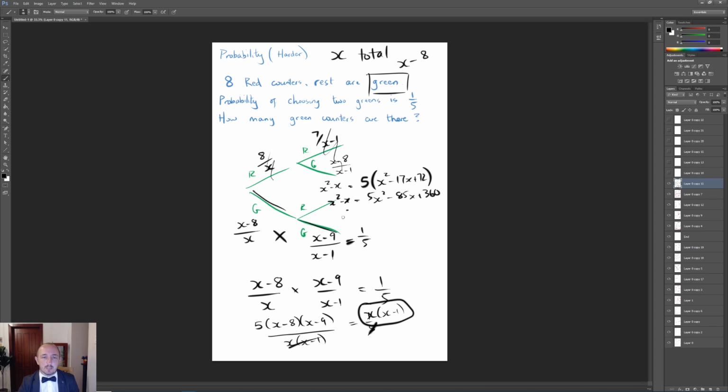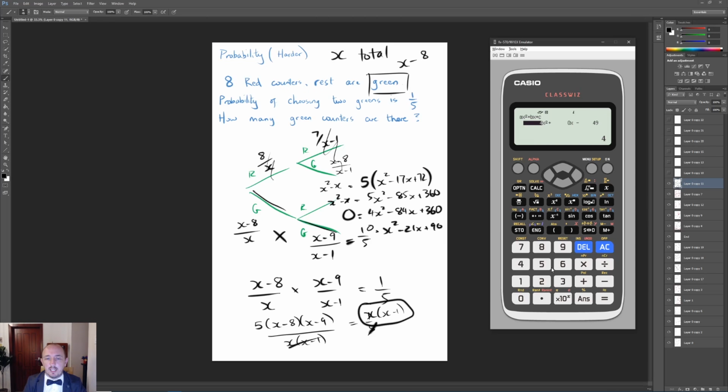Take that across to get my equals 0: subtract x squared, and add an x, so minus 84x plus 360. I think 4 will go into these, x squared minus 21x plus 90 equals 0, and then I can solve this, so I have x squared, negative 21, and 90.